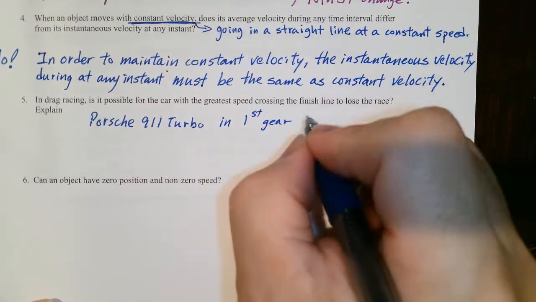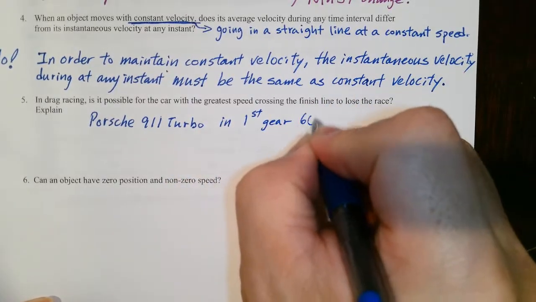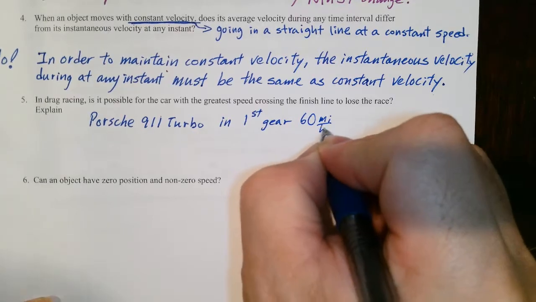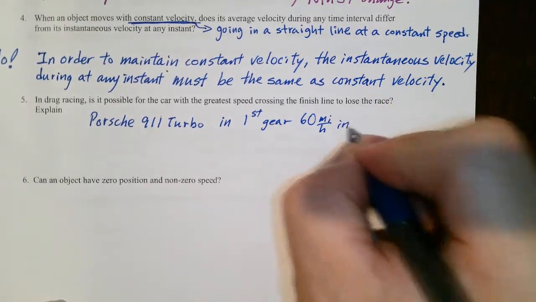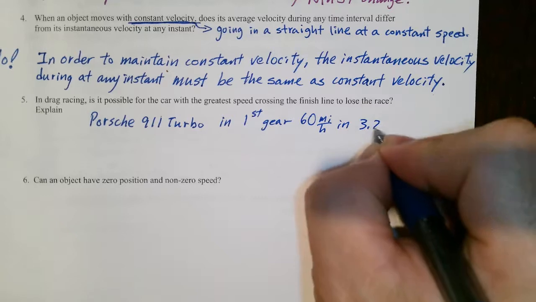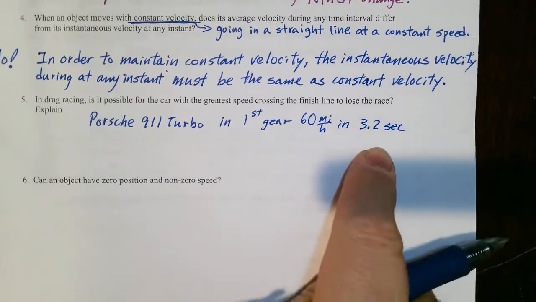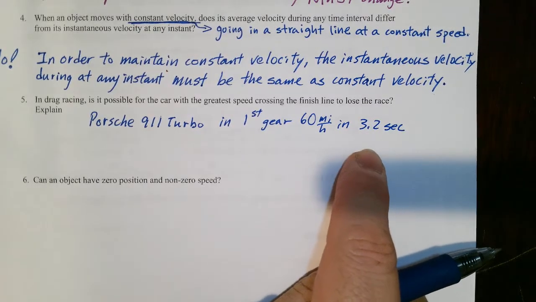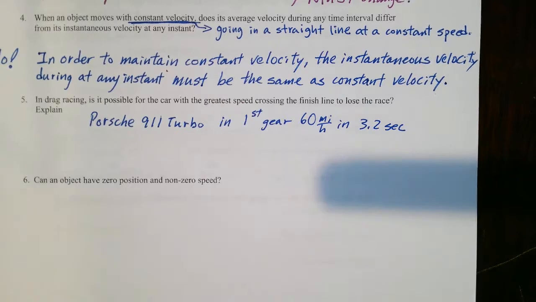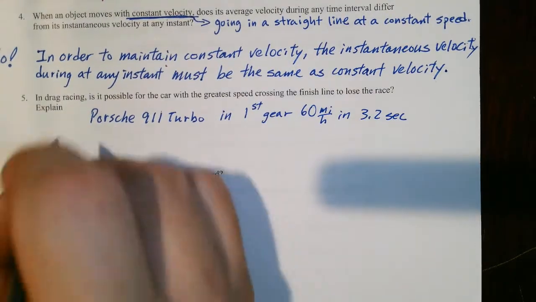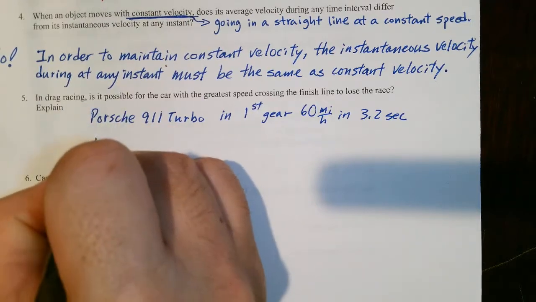So I could drag race my Porsche 911 Turbo in first gear, 60 miles per hour in 3.2 seconds, and then stay at that for another 2 seconds, and I could finish the race at 60 miles per hour. However, my friend brings out his Honda Civic.